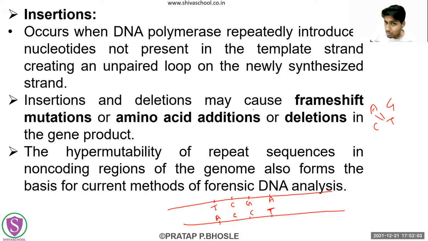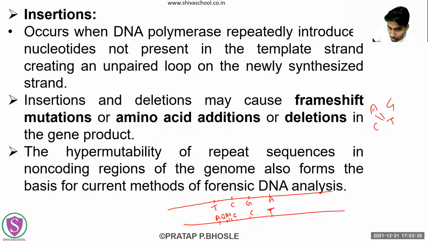But suppose because of the DNA polymerase insertion, an additional guanine, adenine and cytosine has been inserted here. This DNA polymerase has inserted another set of nucleotides, GAC. Now what will that create?